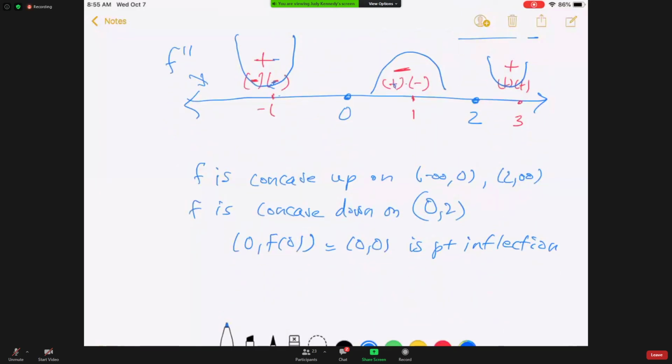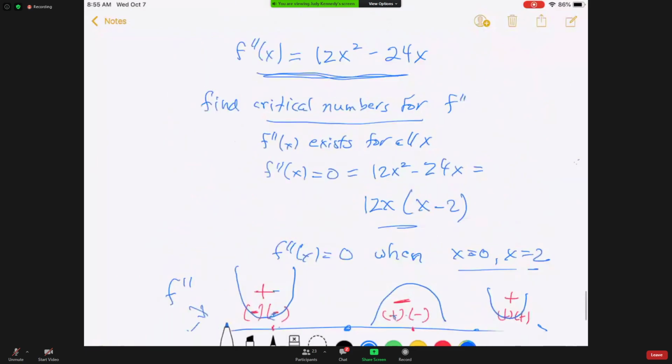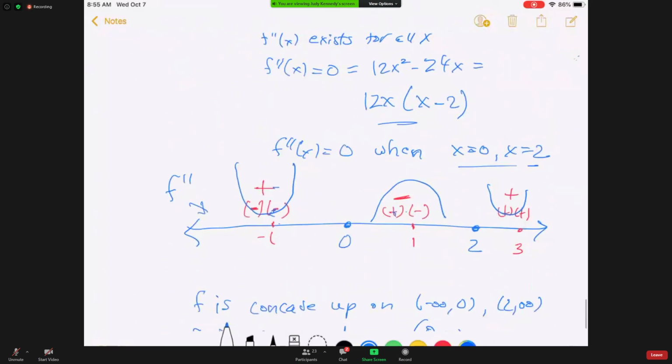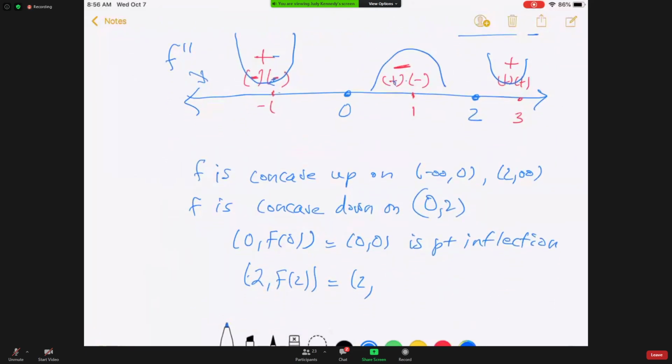At 2, it went from down to being up, and f of 2 would be 2 to the 4th minus 2 to the 5th, basically, which is 16 minus 32, so minus 16.